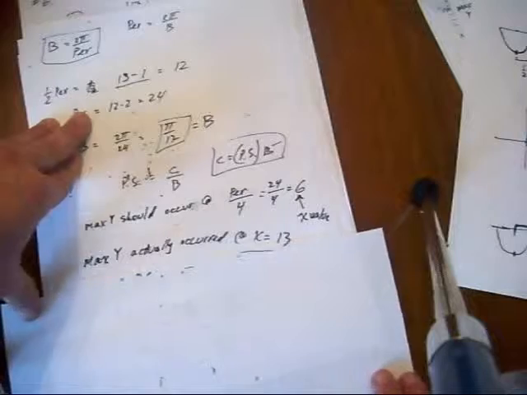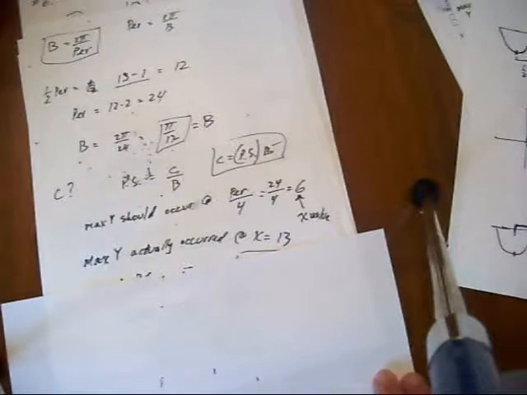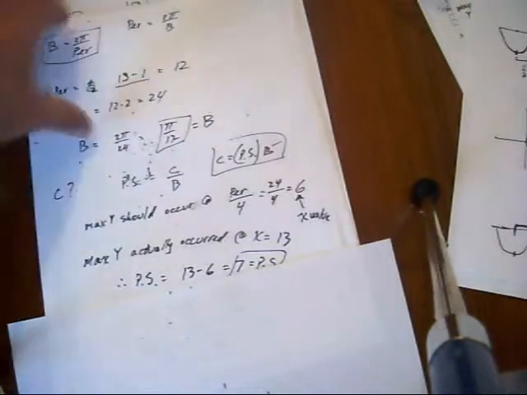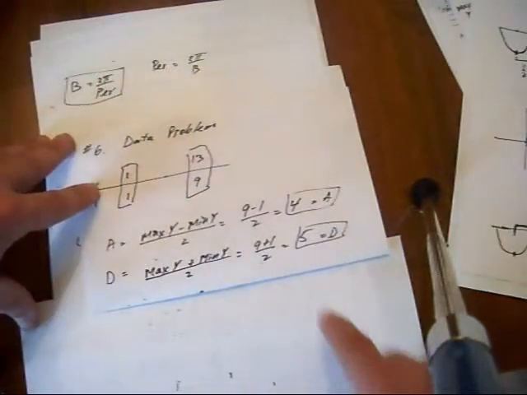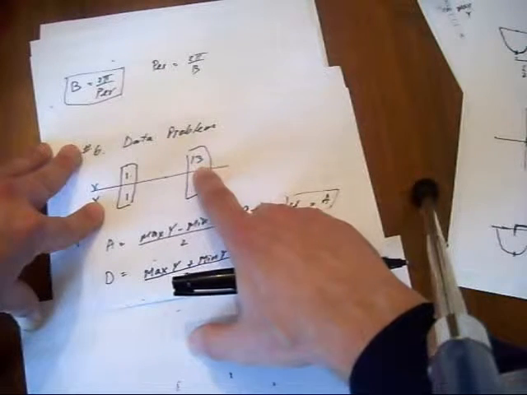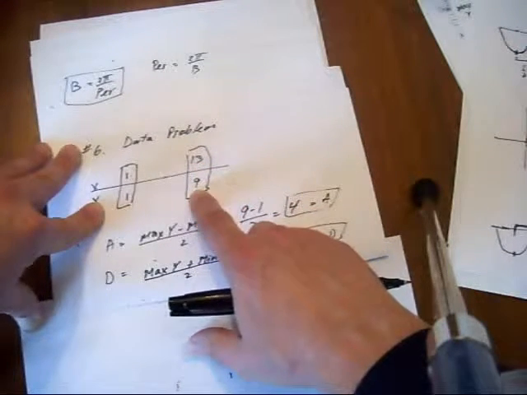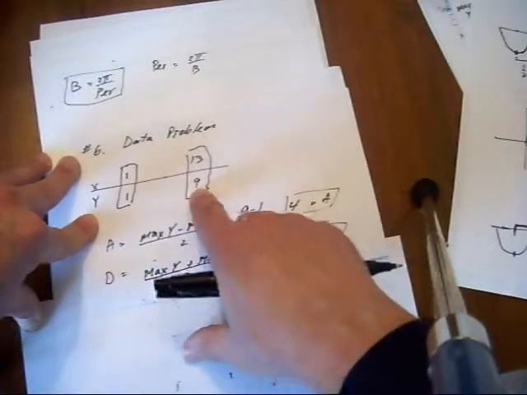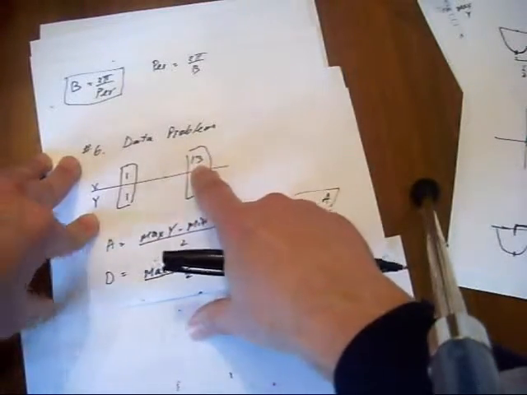Now, where did it actually occur? We get that from the data. The data portion of it told us that the maximum y equals 9, but it occurred at x equals 13.